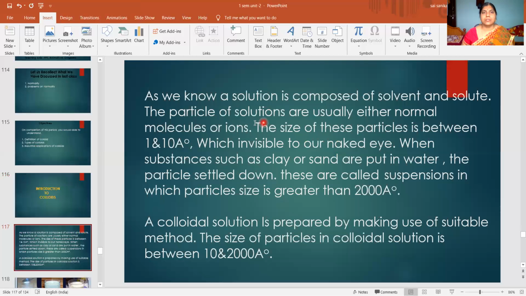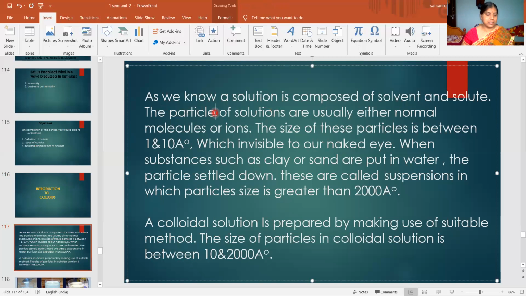As we know, a solution is composed of solvent and solute. The particles of solutions are usually either normal molecules or ions.